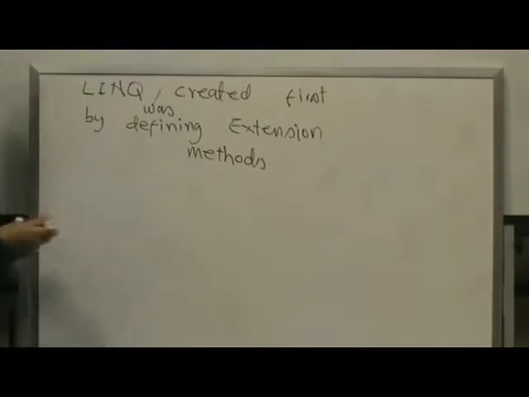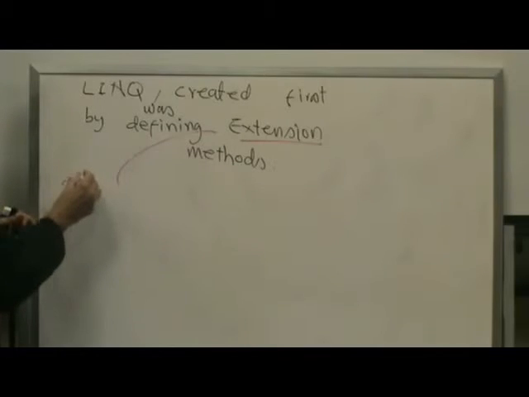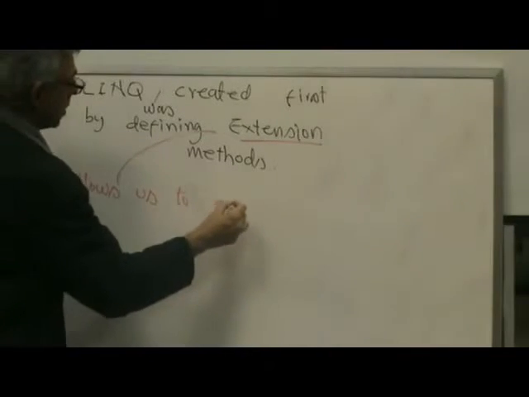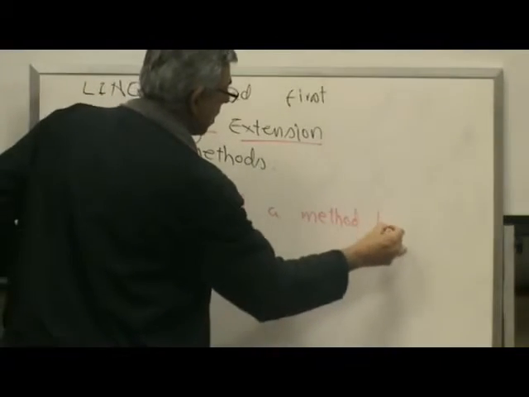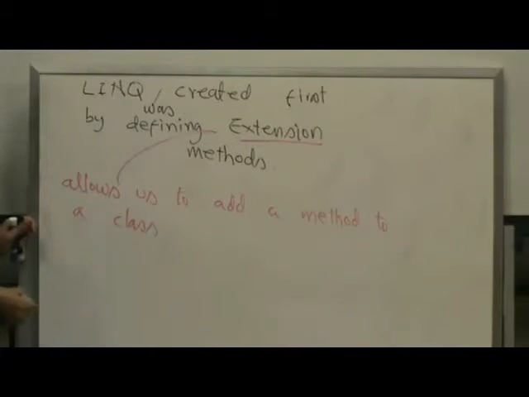So let me introduce one more concept called extension methods, which is a very neat feature of C#. An extension method allows us to add a method to a class for which we don't even have the source code.